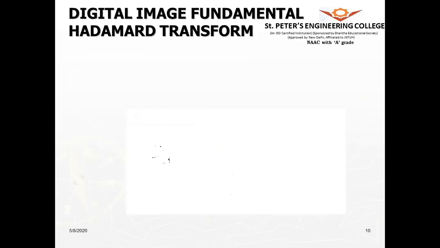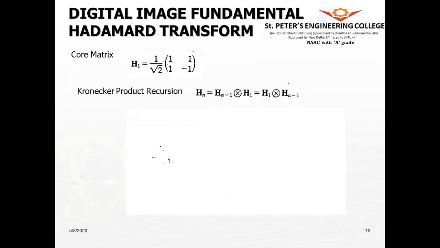So that is all about the Hadamard transform. Now let us look at how this Hadamard transform works. For example, here we have the core matrix. That means with this you can build orders of different matrix sizes. Now here we use the Kronecker product recursion such that Hn, that is any order n, we get by taking Hn minus 1, the Kronecker product, with H1.